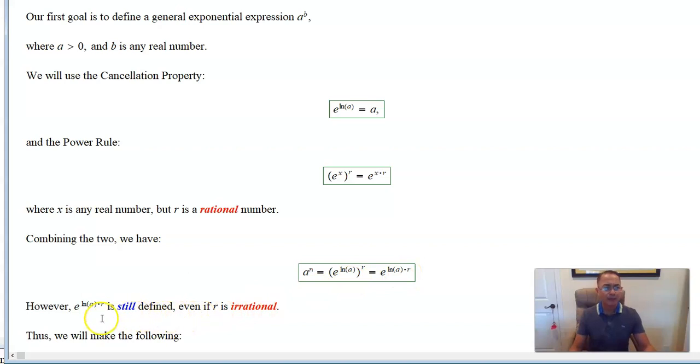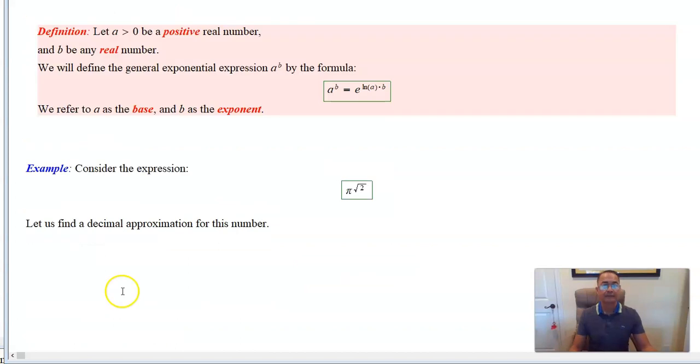But now what if r is irrational? Well, we can still multiply ln of a times r. That's still a number, and we know that e to the x is defined for any real number. So this expression makes sense even if r is irrational. So here's our generalization. Suppose that a is a positive real number and b is any real number.